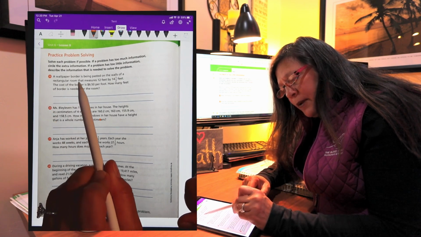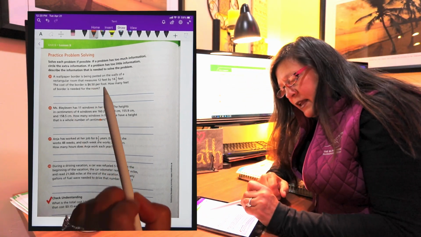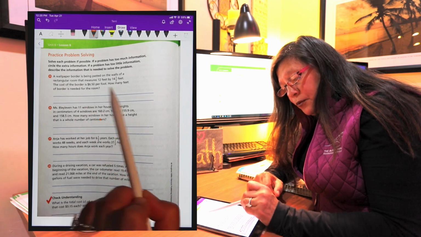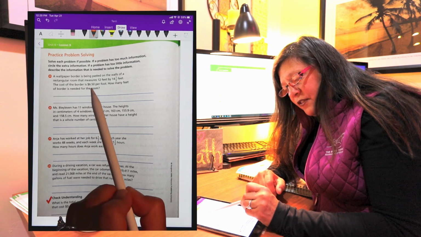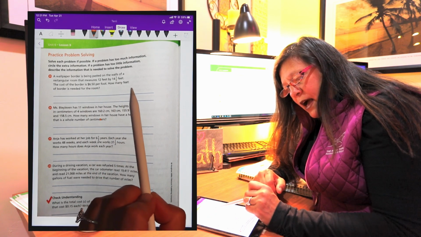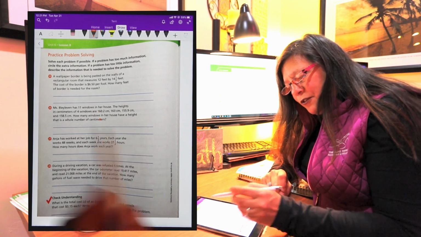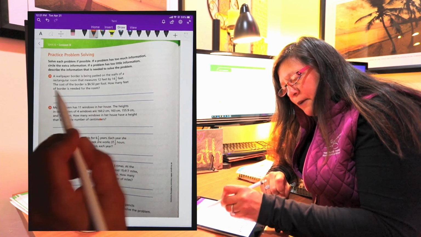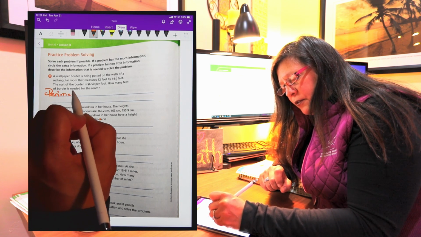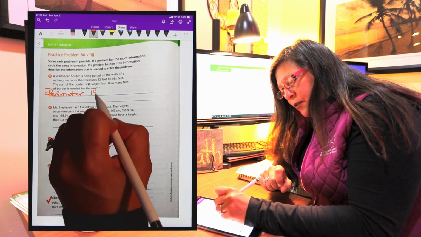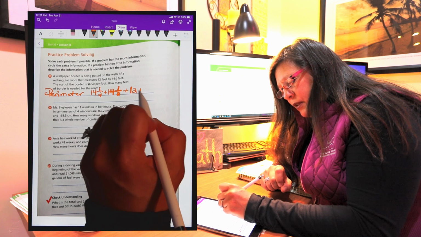Number 25, a wallpaper border. Remember, a wallpaper border around the edges is being pasted on the walls of a rectangular room that measures 12 feet by 14.5 feet. The cost of the border is $6.50 per foot. How many feet of border is needed for the room? Okay, there is some extra information here because it's asking us how much border we need. So this is a perimeter problem. To figure out how much we need, we're going to take 14.5 plus 14.5 plus 12 plus 12.